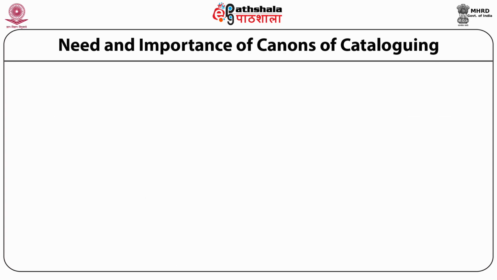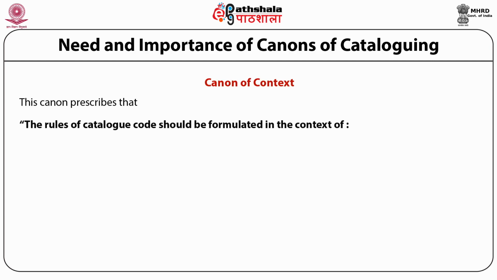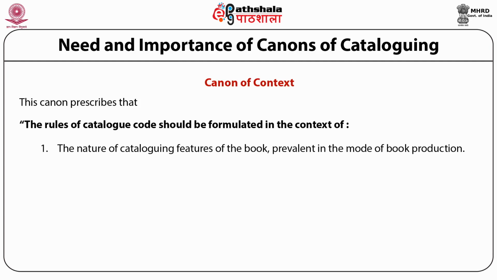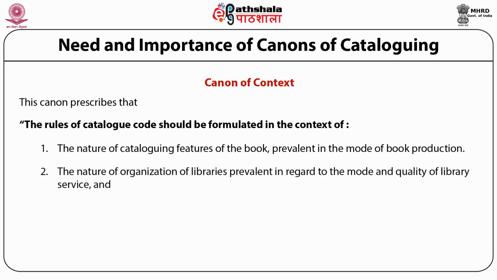Fifth canon is Canon of Context. This canon prescribes that the rules of catalog code should be formulated in the context of: first, the nature of cataloging features of the book prevalent in the mode of book production. Second, the nature of organization of libraries prevalent in regard to the mode and quality of library service.